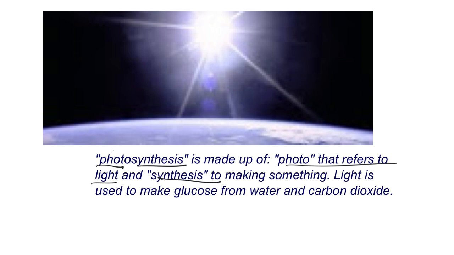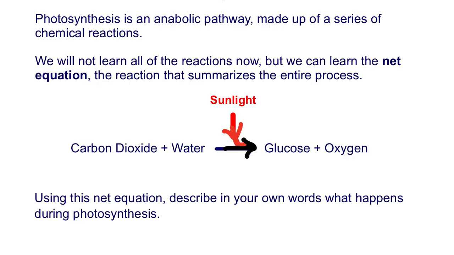So what photosynthesis does is use the energy of sunlight to build the glucose molecule. So because the molecule is being built up, photosynthesis is an anabolic process. You should know that. And many chemical reactions in a photosynthetic pathway, which we'll go into some detail.